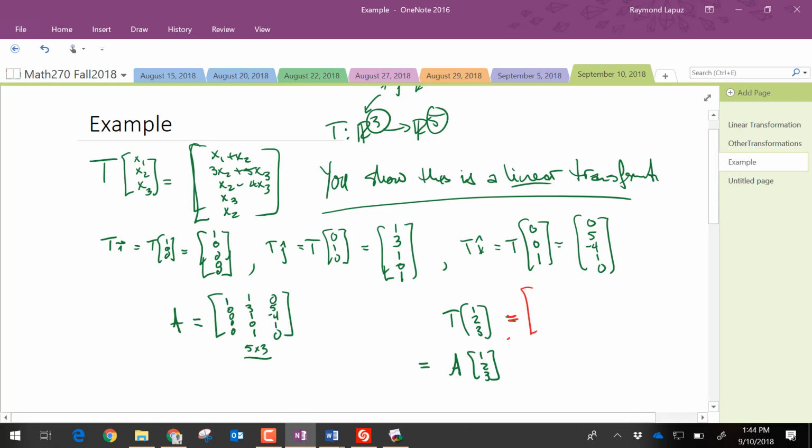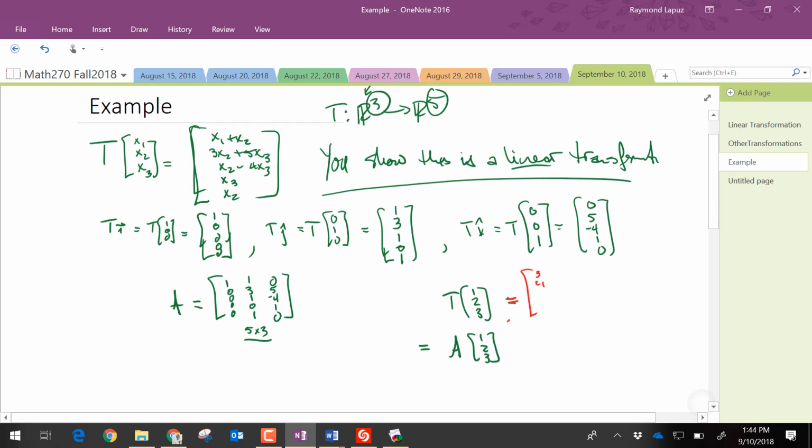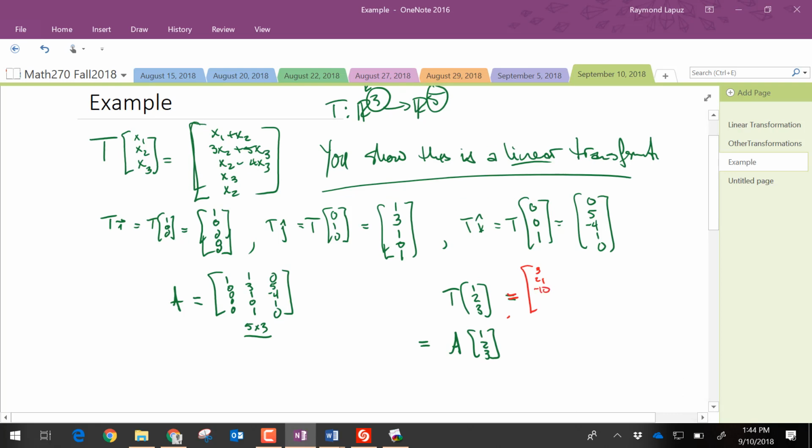So this would be 1 plus 2. This would be 6 plus 15. This would be 2 minus 12, and this would be x3 is 3 and x2 is 2. That's a 21 there. All right, and if we do the matrix multiplication, we should get the same thing.